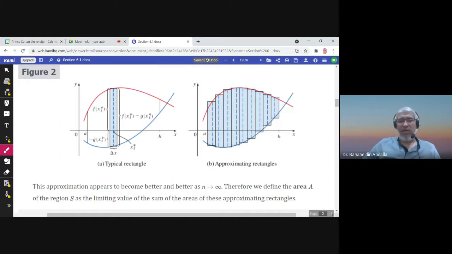The height of the rectangle in this case would be f of xi, which is the red one, minus g of xi, because f of xi is greater than g of xi. So that would be the height of the rectangle: f of xi from here to here minus g of xi.